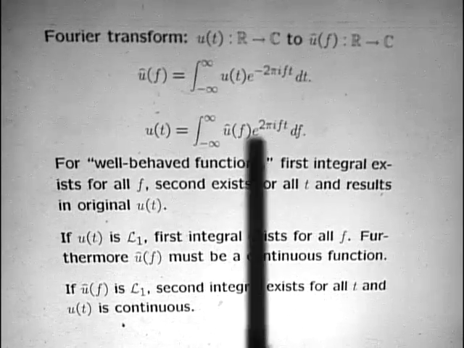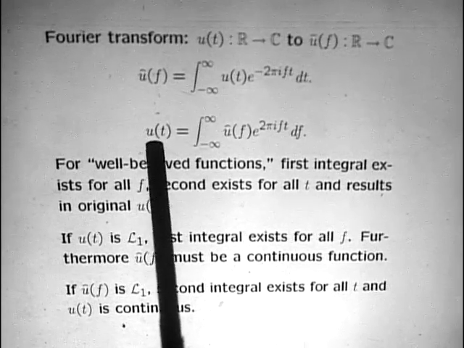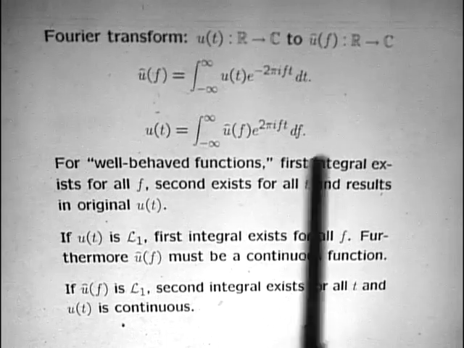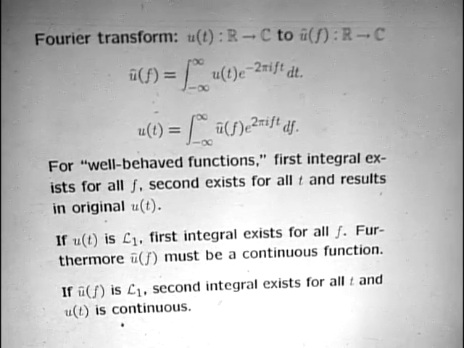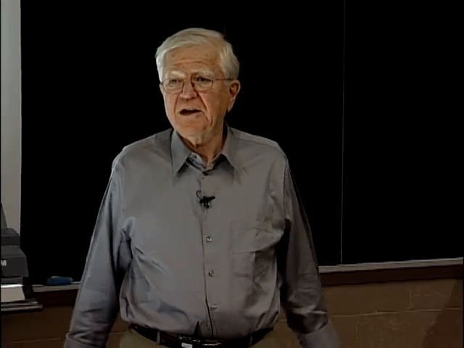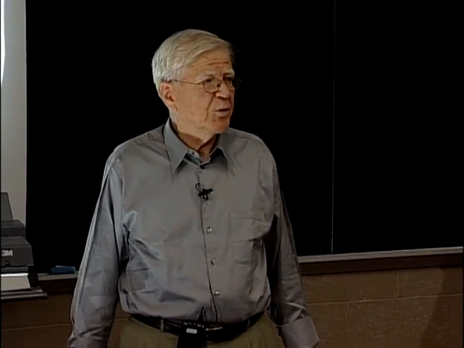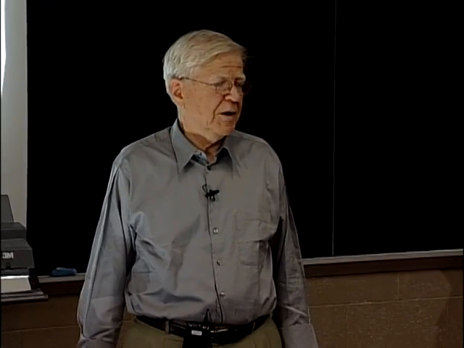Then u hat of f goes in here. We hope we might get back to some transform here. The nasty thing, and one of the reasons we're going to get away from L1 in just a minute, is that if a function is L1, its Fourier transform is not necessarily L1.